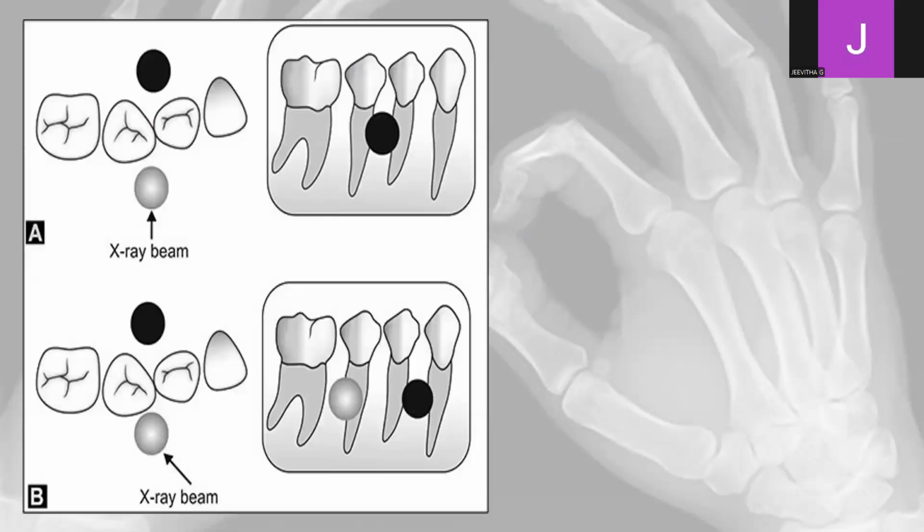So, this is the basic diagram which talks about object localization.